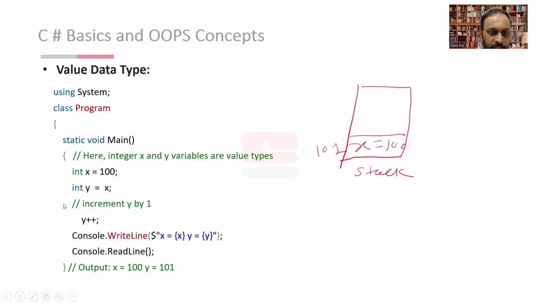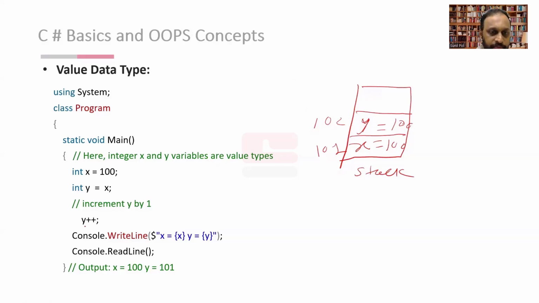After that, here we are assigning the value of x to y. So instead of using the existing value, the runtime environment will allocate separate memory to y and assign 100 to the y variable. So the memory would be different in case of value data types. x and y have different memory locations.